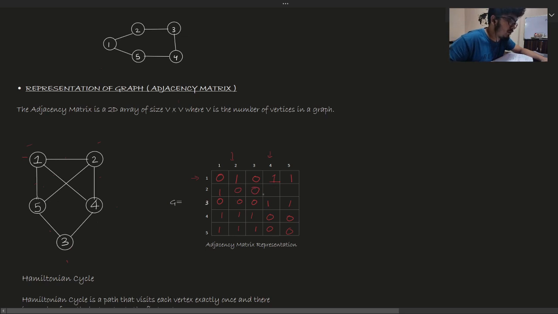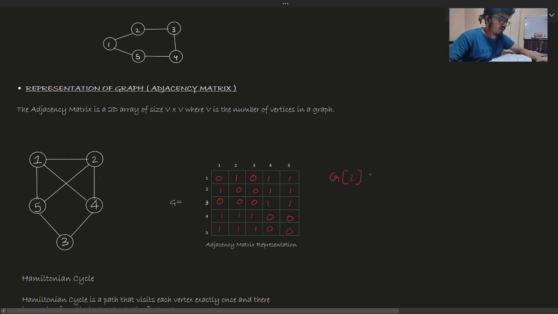Between 2 and 5? Yes, we have. So in this way we can fill the whole adjacency matrix. I'm not showing it fully.